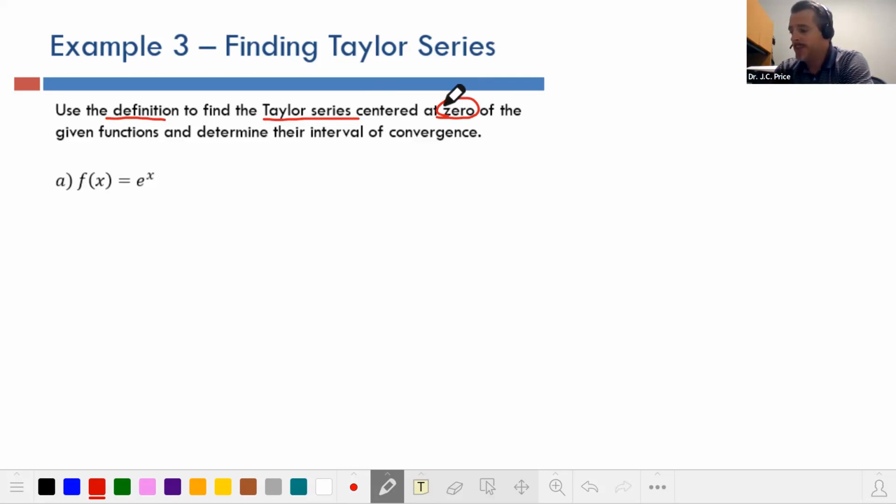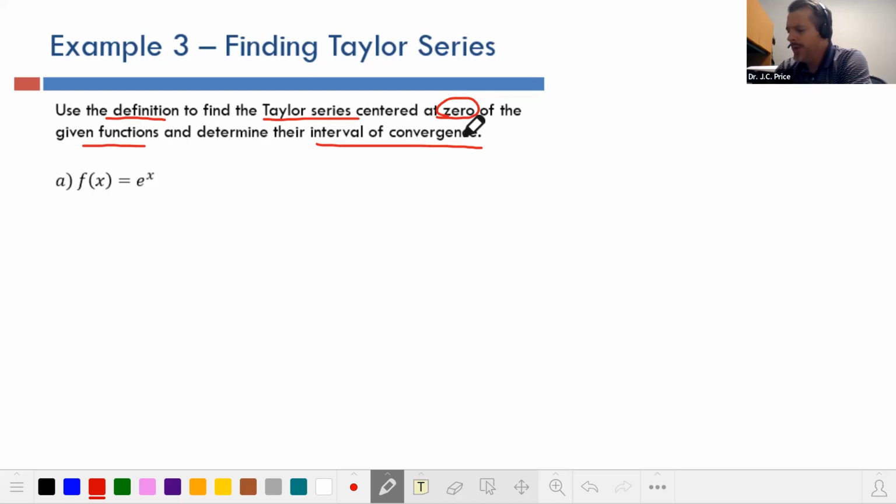But we'll do that much later. We'll find this Taylor series centered at 0 for some given function, and then we'll determine the interval of convergence. We're going to use the ratio test to find the radius of convergence, and then we'll test the endpoints to determine where it actually converges exactly.